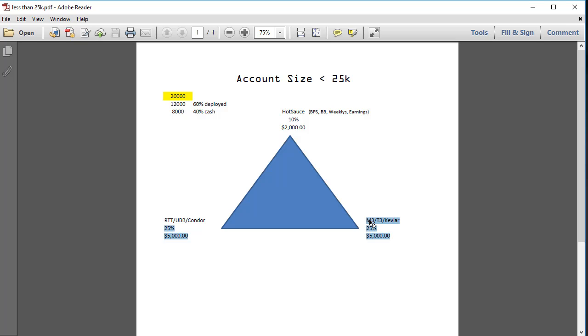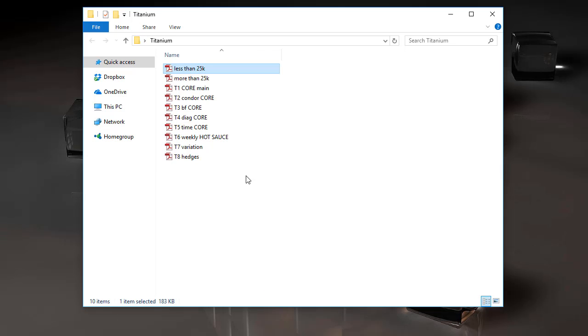I'm only putting 25% into another category, and I'm only putting 10% into a third category. So you think of it as like a triangle or a triad of trades, if you will, where you're only putting a percentage into, maybe I'm putting 25% into the T3 and 25% into this T1 core, or putting 25% into the time spread and 25% into the condor.